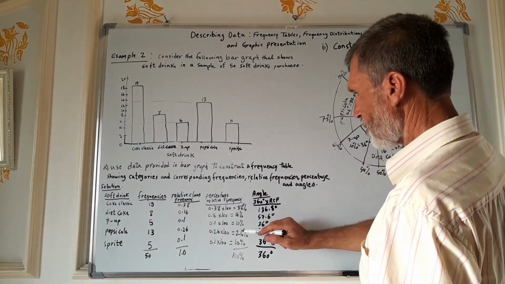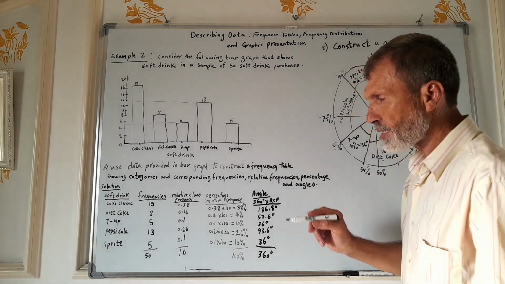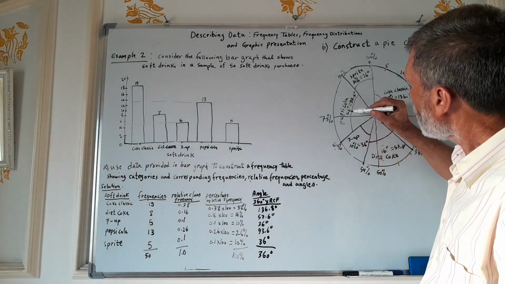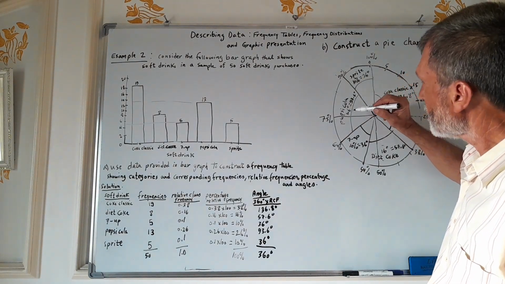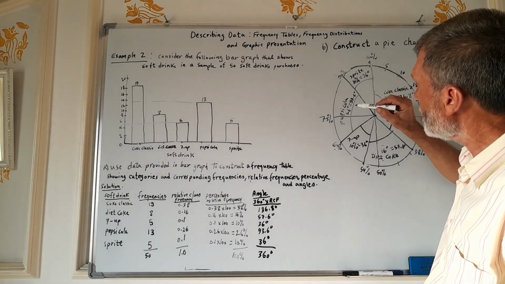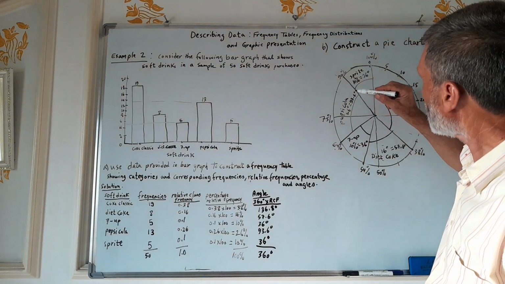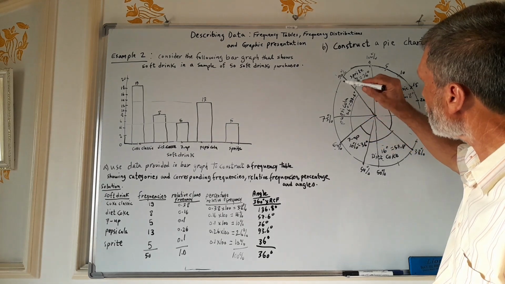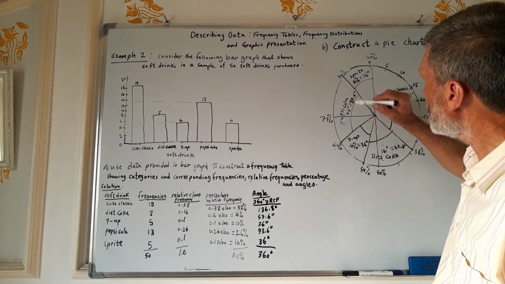And 26% is equivalent to 93.6 degrees. So 26% is the same as 93.6 degrees, and that is related to Pepsi Cola.